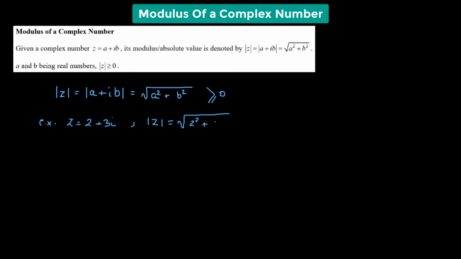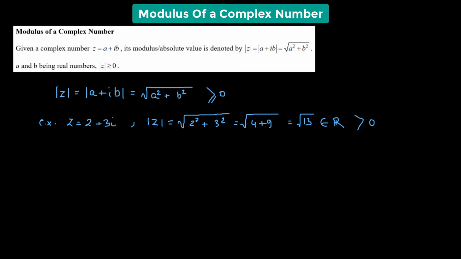The value will be equal to the square root of 4 plus 9, which is square root of 13. So we see that the value is a real number. This is no longer complex, and this value is greater than 0.